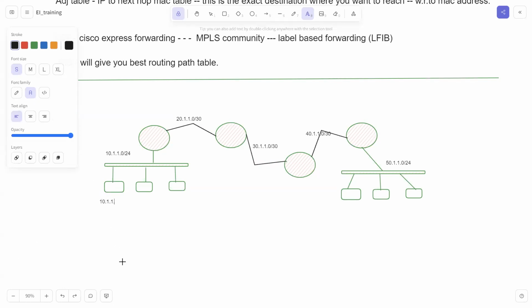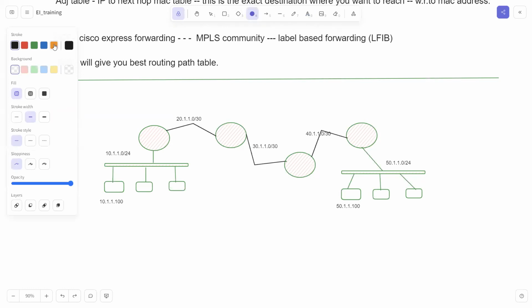Now I want to do the communication between 10.1.1.100 and 50.1.1.100, right? So how will it happen? Suppose in this region we are running some sort of OSPF routing protocol. I'll highlight this area.